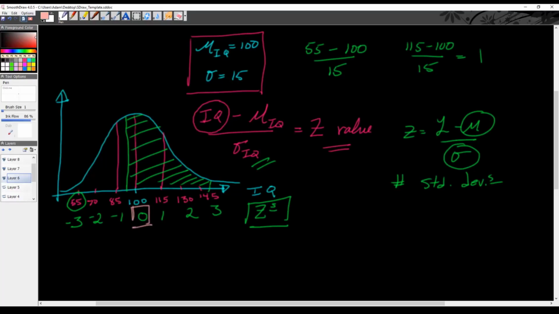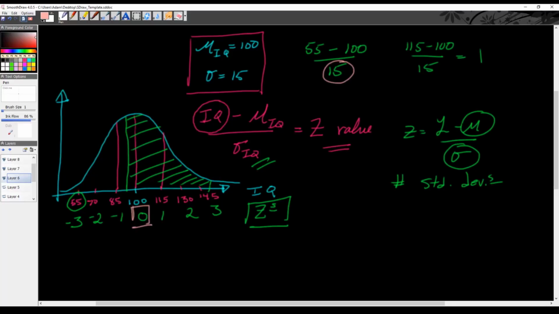With mean 0 and standard deviation 1. So when we normalize the variable, the mean is scaled to 0 and the standard deviation is scaled to 1.